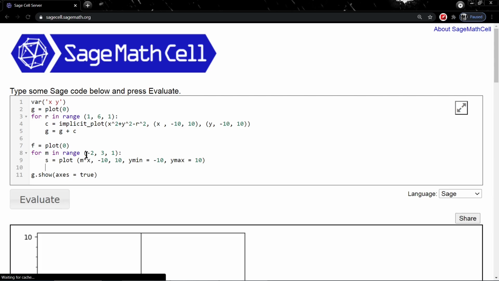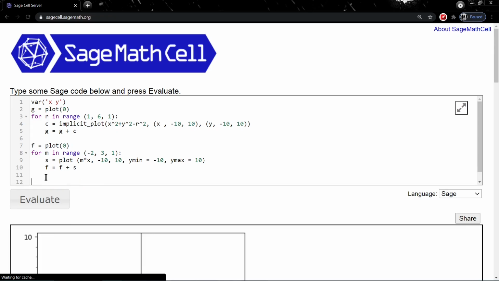Now, this holds the straight line for various values of m in that iteration. We will use f equal to f plus s similar to above. Now, this f variable holds the family of all straight lines passing through origin with values of m starting from -2 to +2.